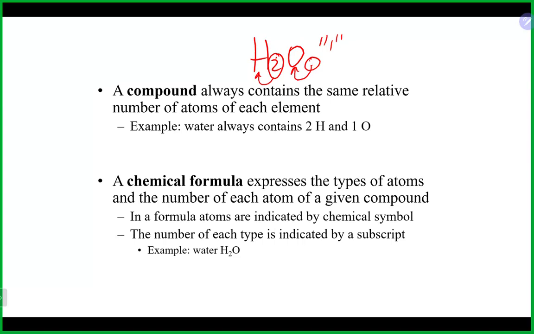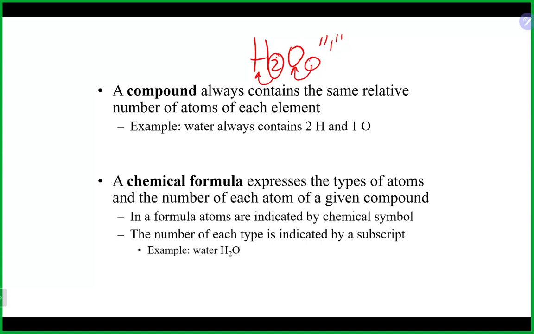Something like water is a compound because it contains hydrogen and oxygen together, and it has 2 or more atoms present. Compounds always contain the same relative amounts of these elements. So water will always contain 2 hydrogen atoms for every 1 oxygen atom.